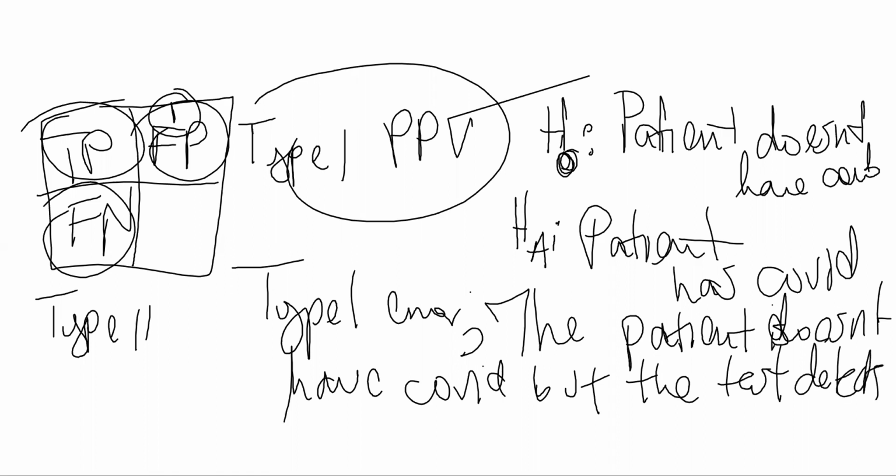Wow. The patient doesn't have COVID, but the test detects it. I think this even happened once, where they showed in Kenya or Malawi, one of the African countries, where bananas were testing positive for COVID, right? And you can imagine the anti-COVID, anti-mask world saying, the tests are lying, they're over-exaggerating the numbers. So that's type 1 error.